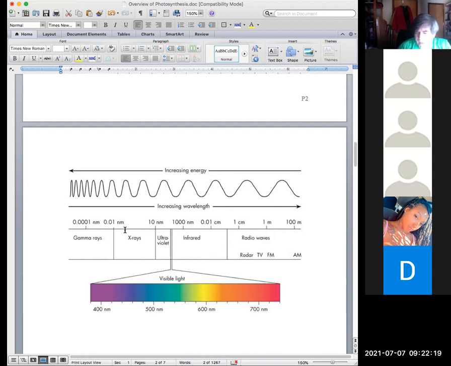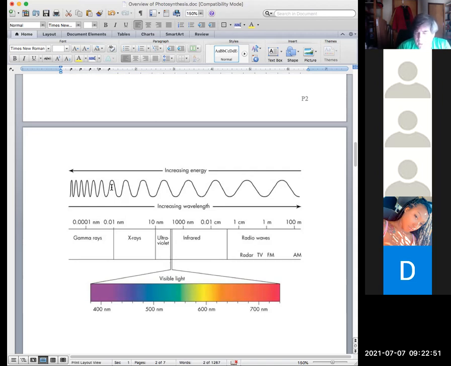It has the wavelength, and the wavelength is the distance from the peak of one of these waves to the next wave. And wavelengths differ from a tiny fraction of an inch to something that's the length of a football field. Now, besides wavelength, the other thing we have is frequency.